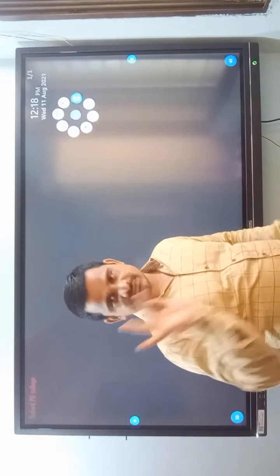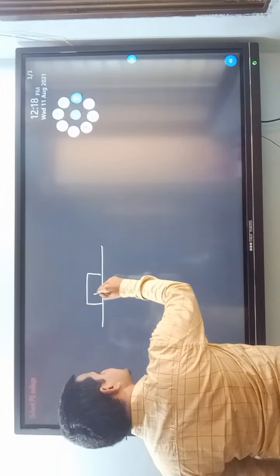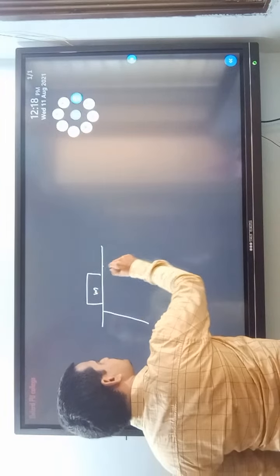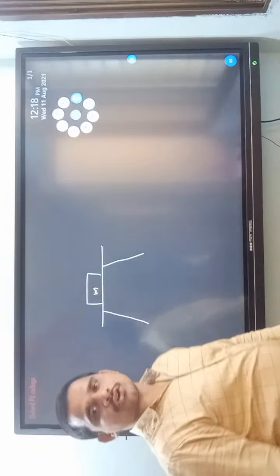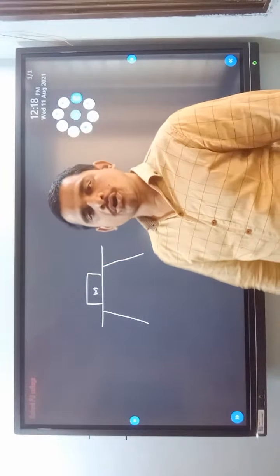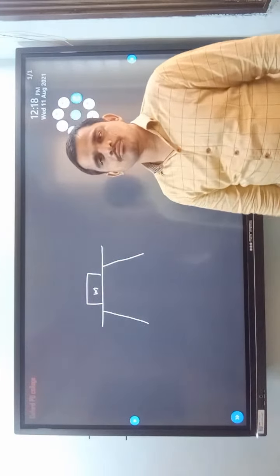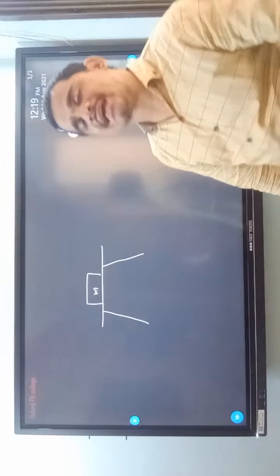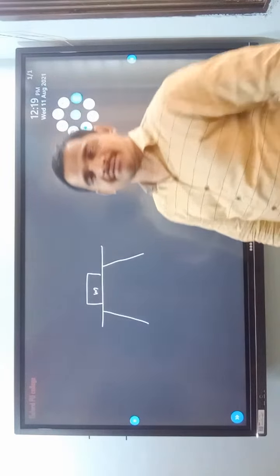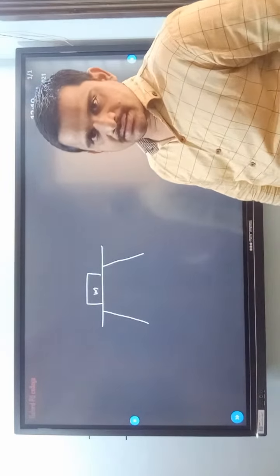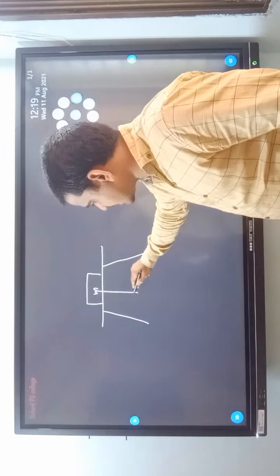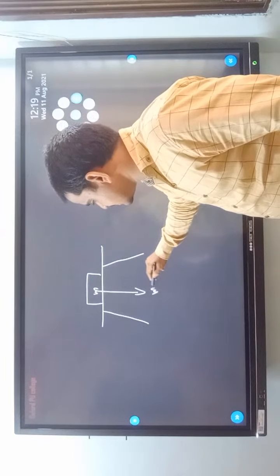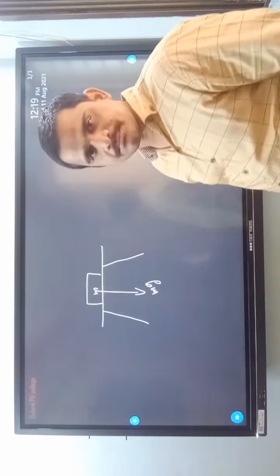Let's consider a block of mass m kept on a table. Now, what is the force acting on this body by gravity? The force acting on this body by gravity is mg.